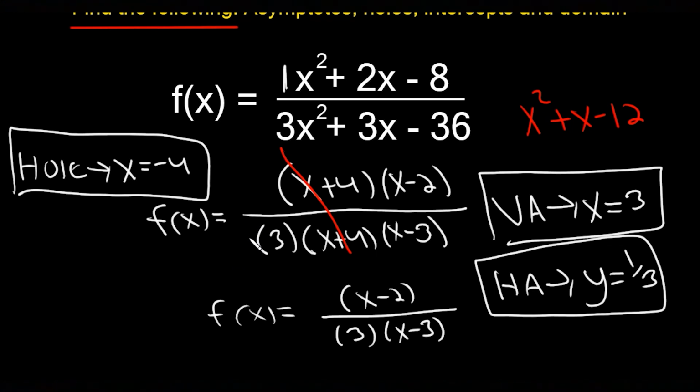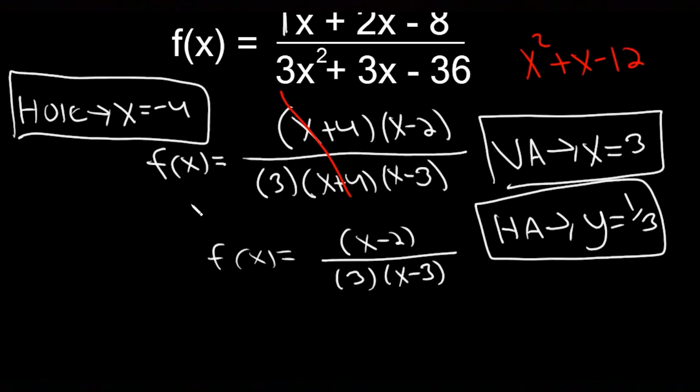So remember, to get the x-intercept, we're simply going to plug in a 0 into our y, which is f of x. And we talked about how that's going to drop out our denominator, right? So let me go ahead and scroll down here. We know that to find the x-intercept, we're going to do f of x equal to 0. And we know that the denominator will naturally drop out here.